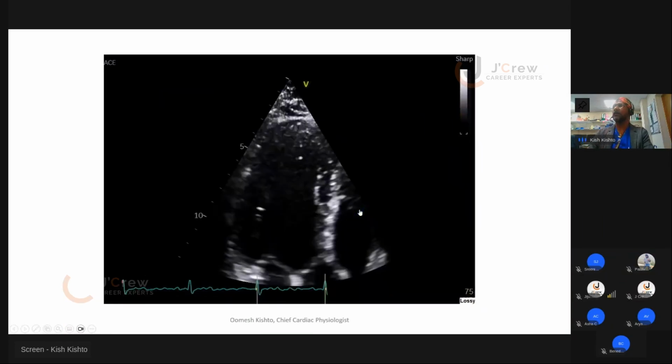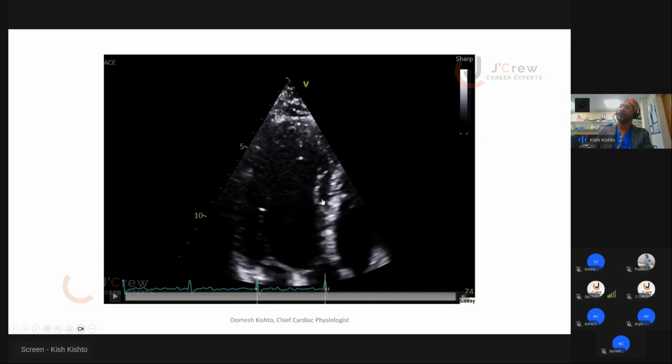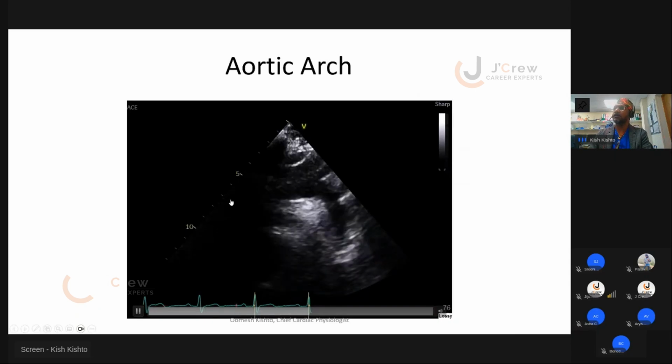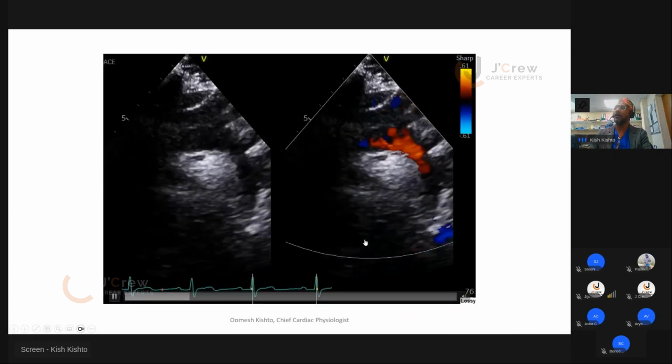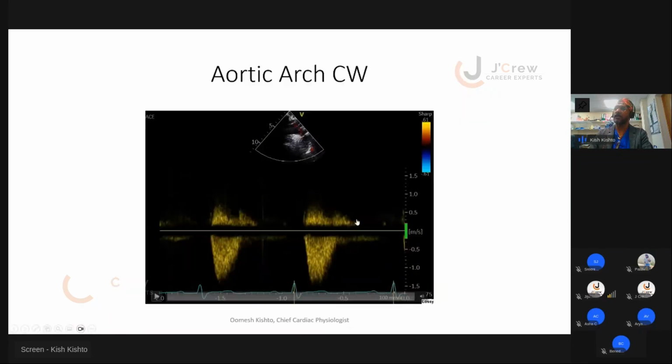Okay, so optimizing your LV cavity in the three-chamber view. So these three images, 4, 2, and 3, I will use them for my GLS as well. So look at the arch, you measure the aortic arch there as well, and put the color, and you can do your CW and PW there as well.